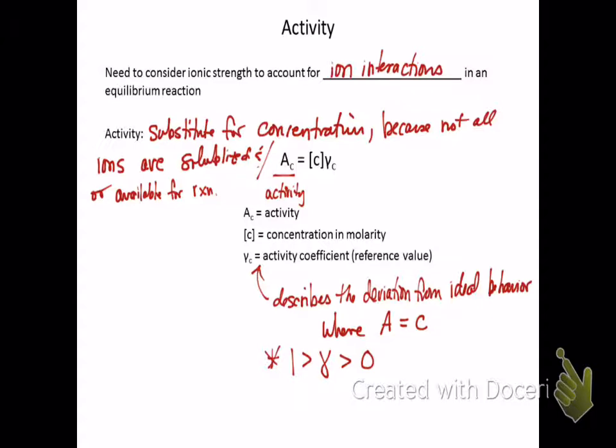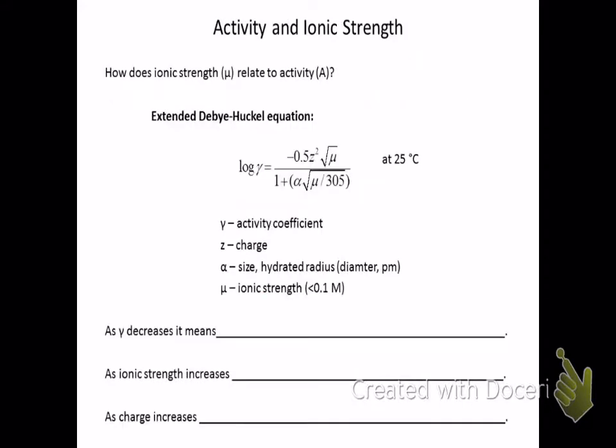Our concentration is our theoretical limit, and that's if our activity coefficient is equal to 1 and there's no deviation from ideal behavior. Now, if there's a complete deviation from ideal behavior, we expect gamma to be 0. In that case, activity, or A, goes to 0 also. So we should expect ranges that are fractional portions of concentration for our activity of each species.